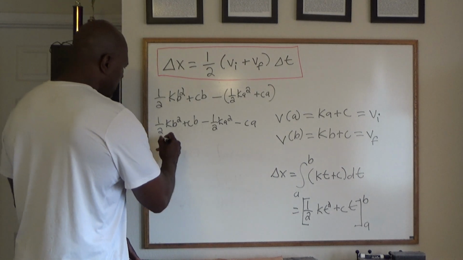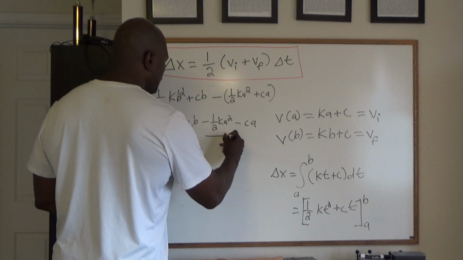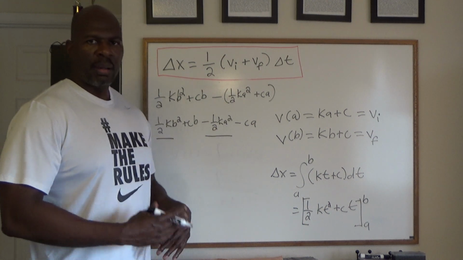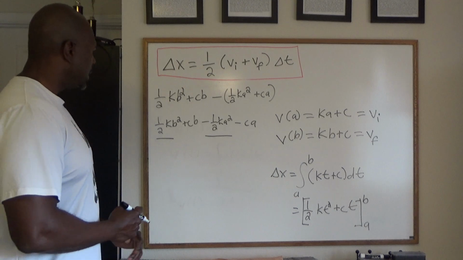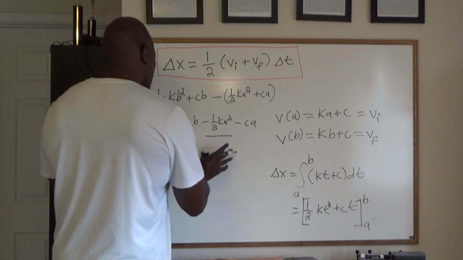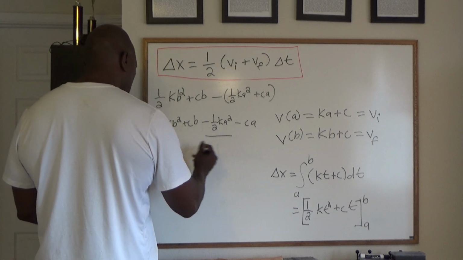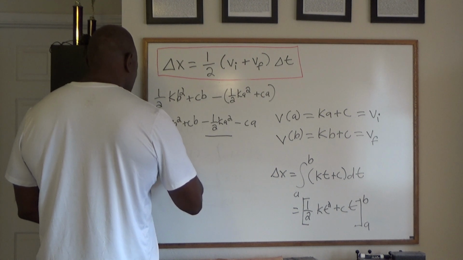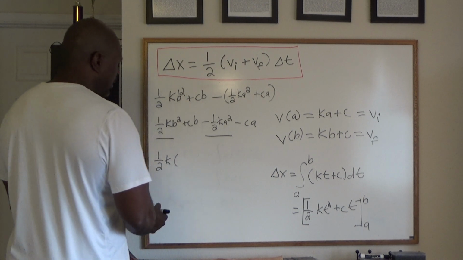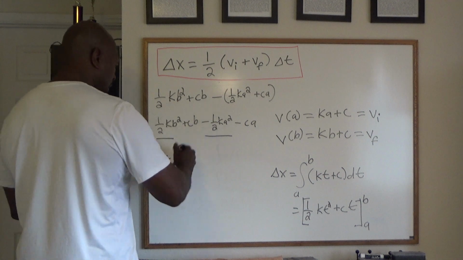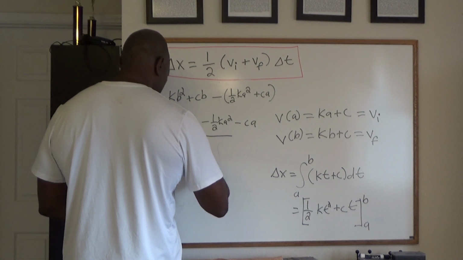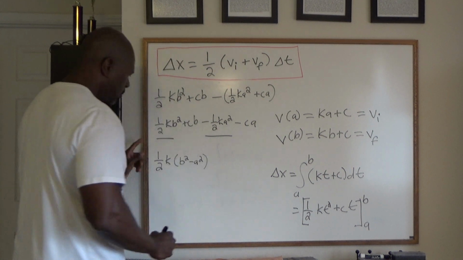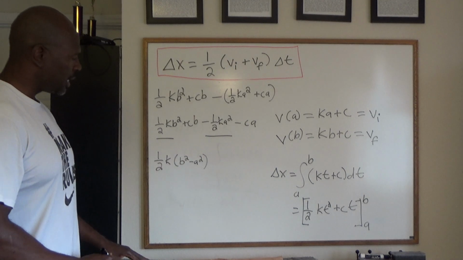I would like to group these two together, and I'm going to factor out the common factor that you see in both of them, and that would be 1/2 k. If I take out 1/2 k, I'll be left with b squared minus a squared. So 1/2 k times b squared minus a squared.